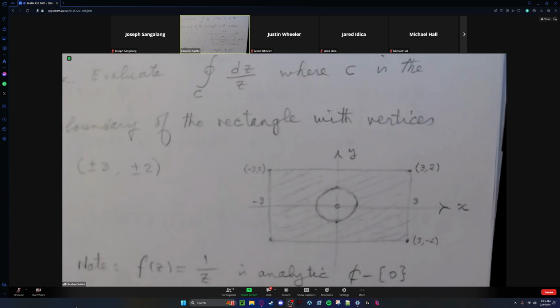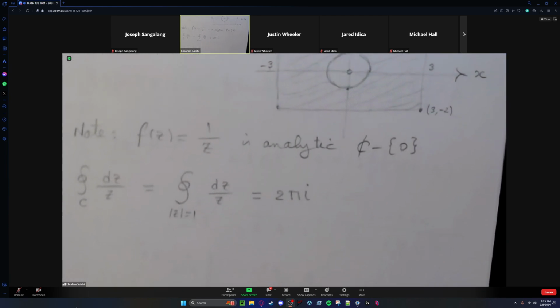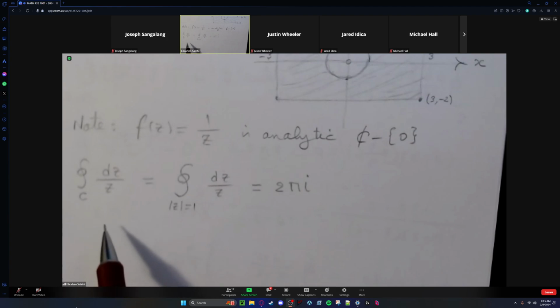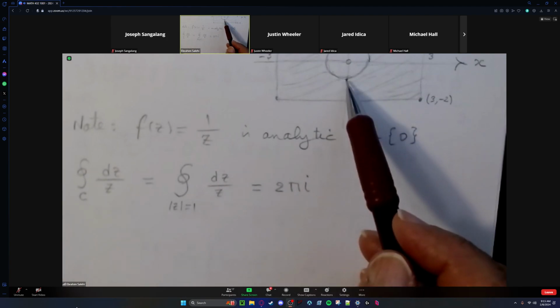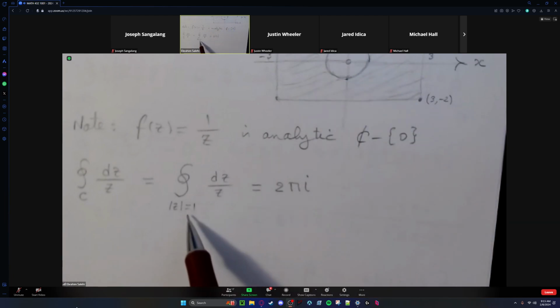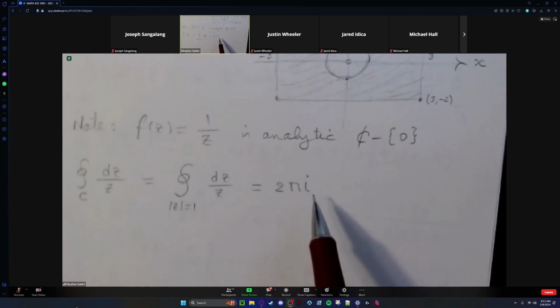Here is how we use this whole business. So the integral over C is the same as the integral over this unit circle, but we know the integral over that unit circle of dz over z is 2 pi i. Done. Right?